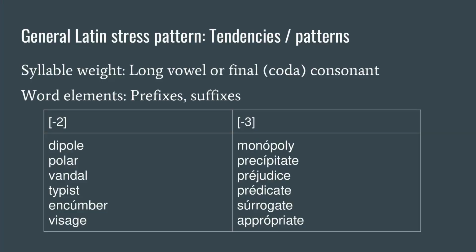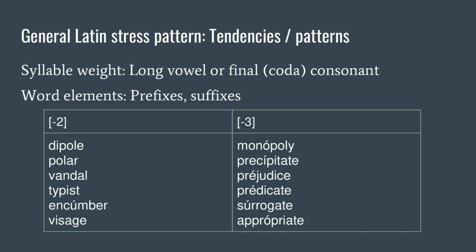Now, I can't give you any clear rules for when it's going to be -2 or -3. But when you see new words, especially academic, technical, professional words, it's probably going to be -2 or -3 because it's probably a word from Latin. It will tend to be -2 if the syllable is heavier. So there's something called syllable weight. If the -2 syllable has a long vowel, and or if it's got a final or coda consonant.